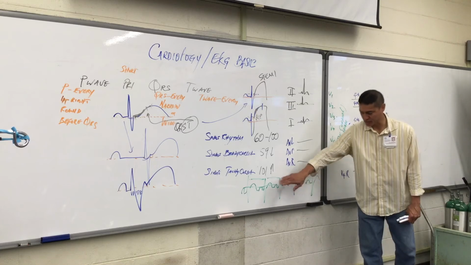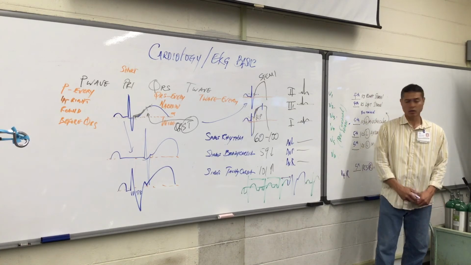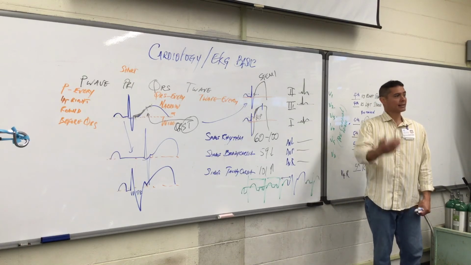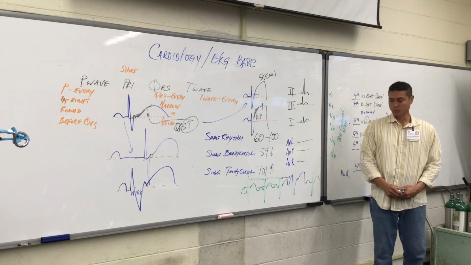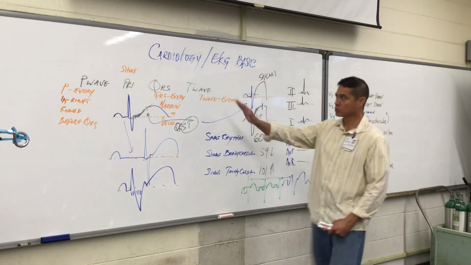But it's still a sinus rhythm, you just have some extra beats. Those are called premature beats. We'll bring that up as we practice and look over things. But more than likely, it's still sinus, as long as the rules apply.